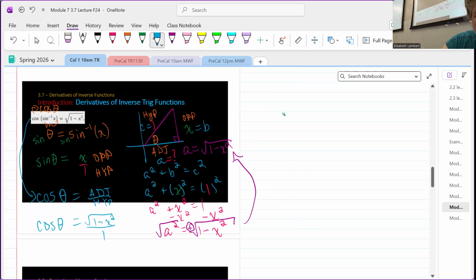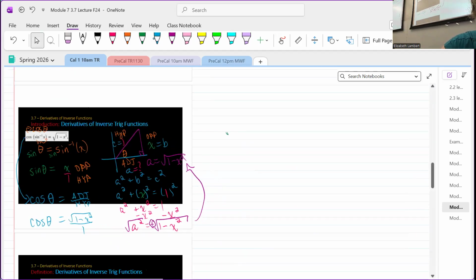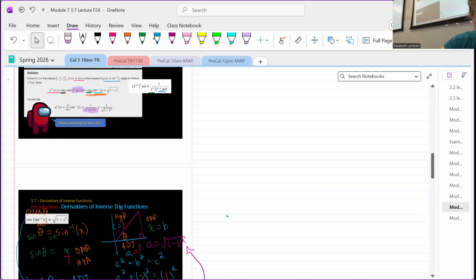So the cosine of the inverse sine of x was the square root of 1 minus x squared, and that is what they claimed it was. They wrote the square root of 1 minus x squared.